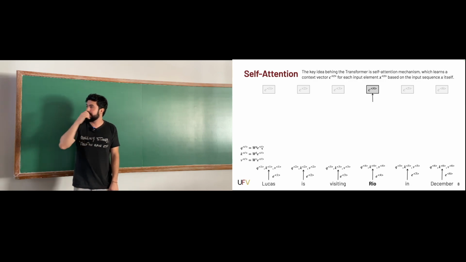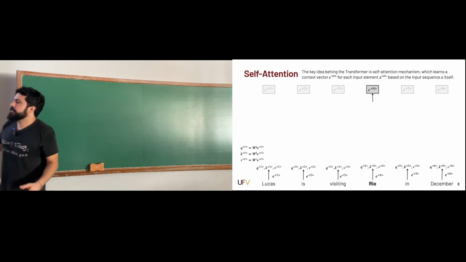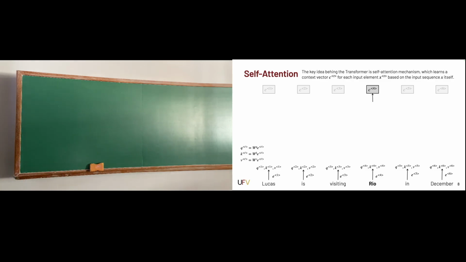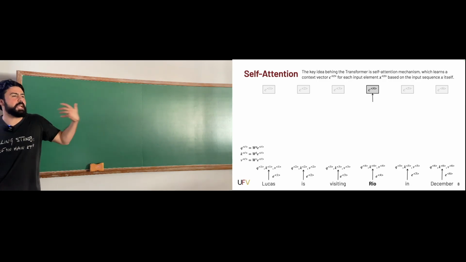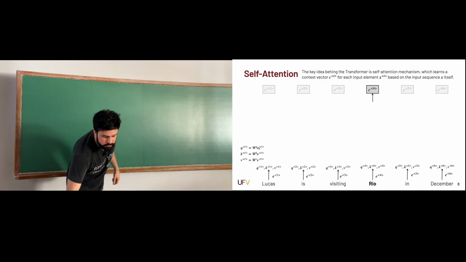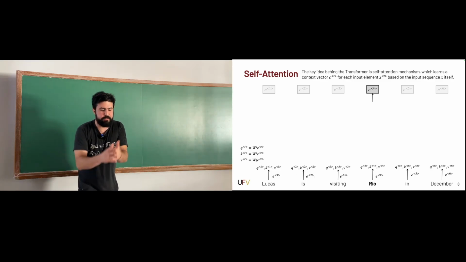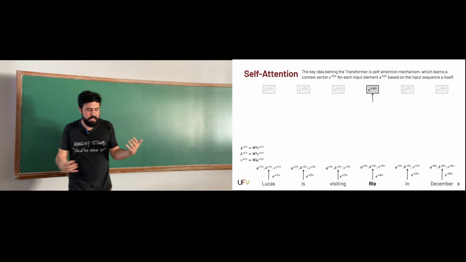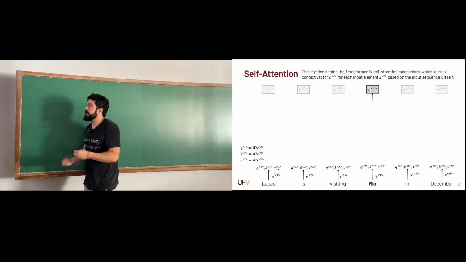And these e vectors are the embedded vectors. I'm assuming here we first computed the one-hot encoding, which is the o1, and then we had an embedding matrix, the same way we saw before, to get e1. So this is the embedded vector, e2 is the embedded vector. Using these embedded vectors, we multiply each of them by three different matrices, so that each one of them has these q, k, and v vectors.